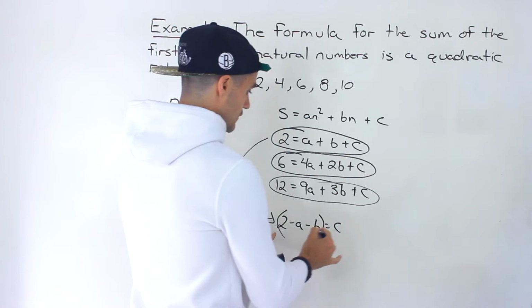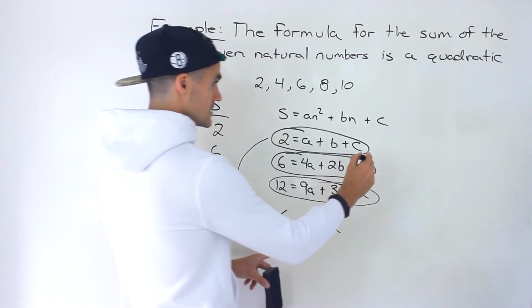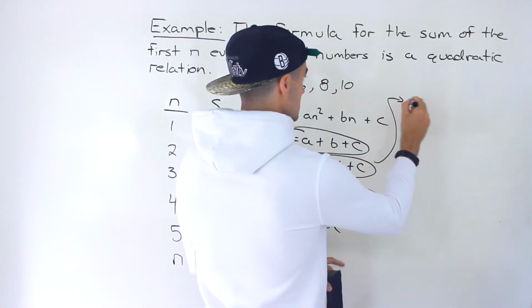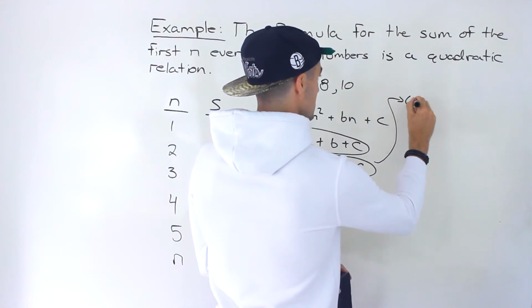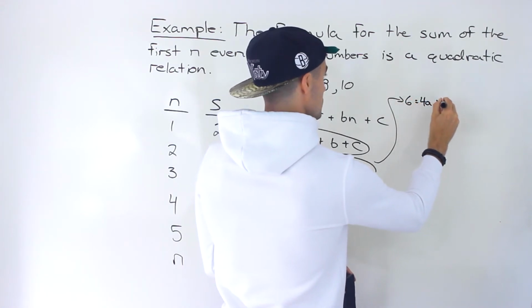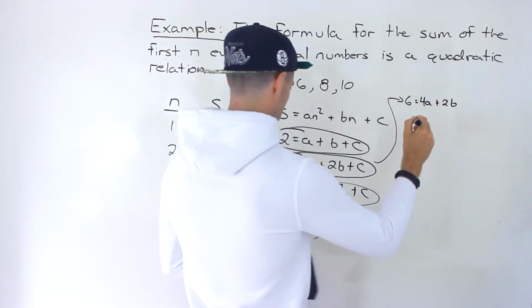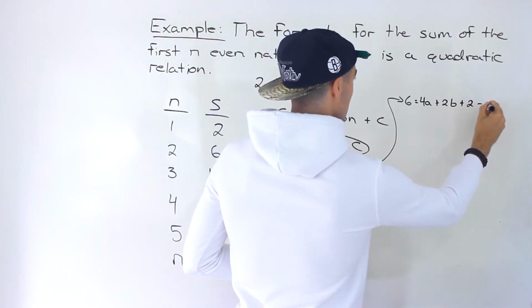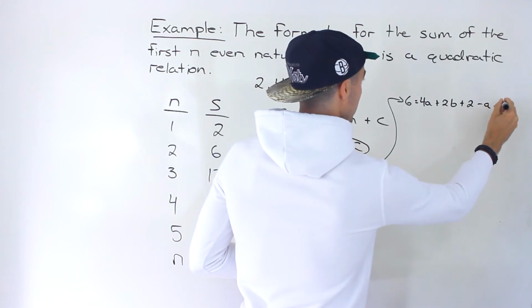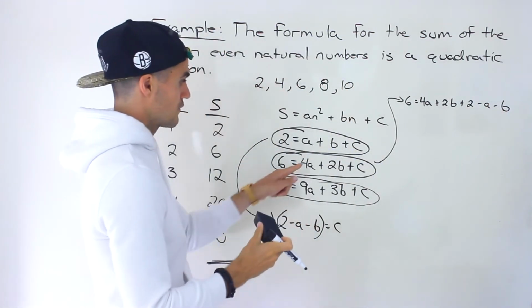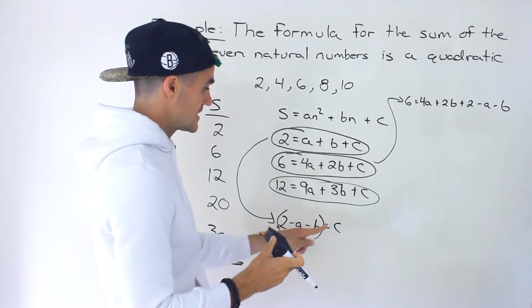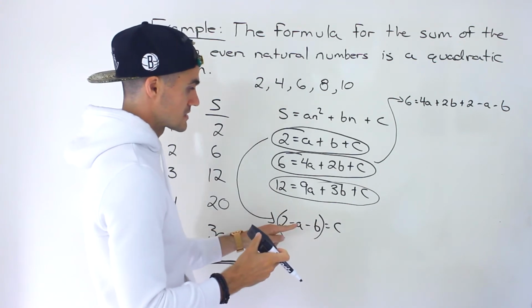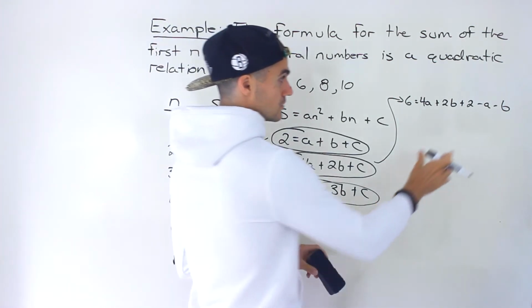So notice that if I take this, plug it in for this c, let's do this up here. So we'll have 6 equals 4a plus 2b, and then plugging in this, we'll have plus 2 minus a minus b. Right, so we have 4a plus 2b plus c, but I'm plugging in this for the c value over here.